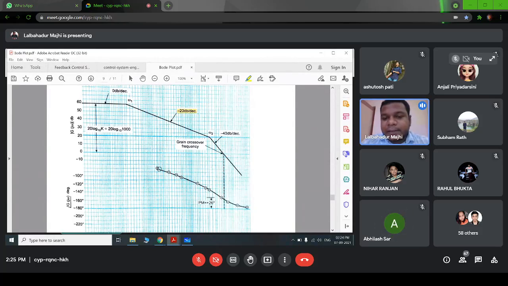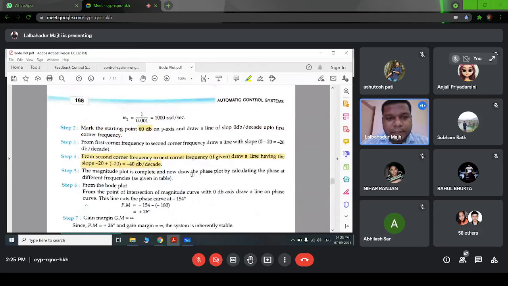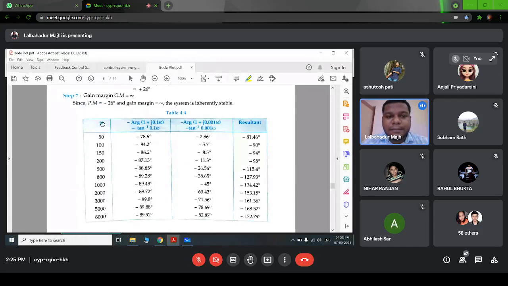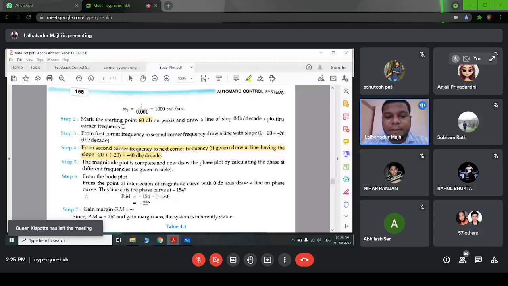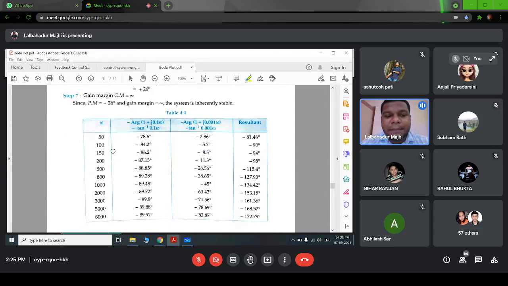The phase angle plot is very easy, so we do not need to spend much time on it. We will calculate the phase angle for different values of omega. So the equation will be -tan inverse of 0.1 omega, right. We know this is a pole, so minus tan inverse of the imaginary part by real part. So the real part is 1 and the imaginary part is 0.1 omega. So -tan inverse 0.1 omega. Similarly, for the second pole, -tan inverse 0.001 omega, imaginary part by real part. So by taking different values of omega, we can find this angle, right?